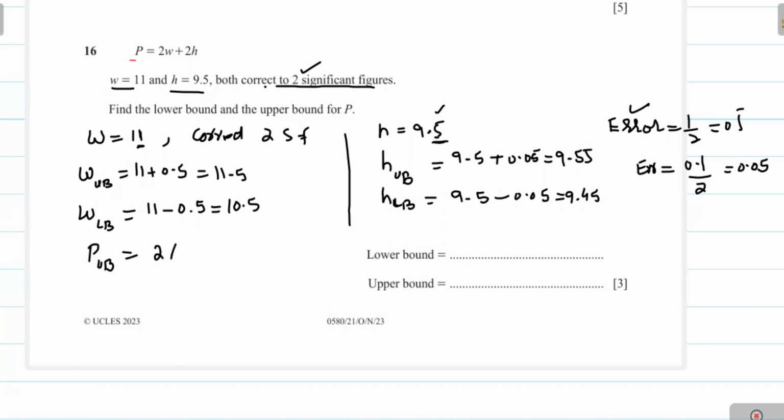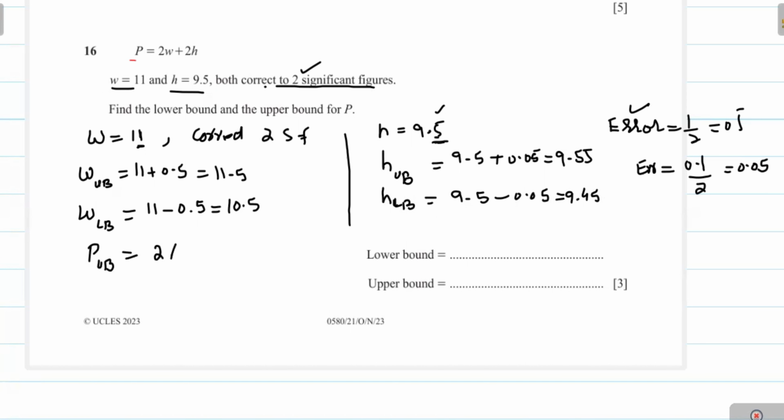H is the upper bound value. Now we can write here 2 into 11.5 plus 2 into 10.5, and this value will be equal to 22 plus 21. Sorry, h here is 2 into the upper bound value of h here, which is 9.55.